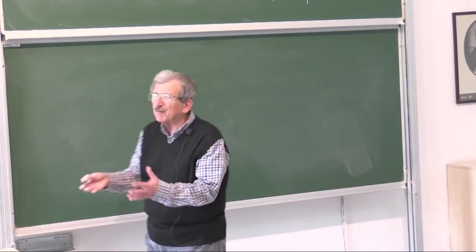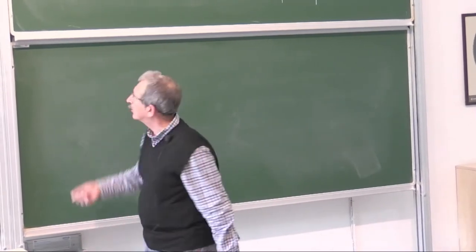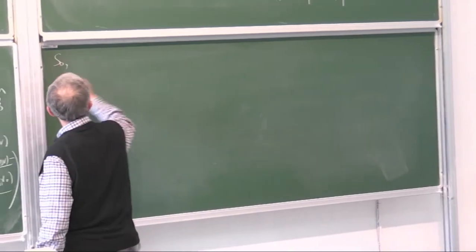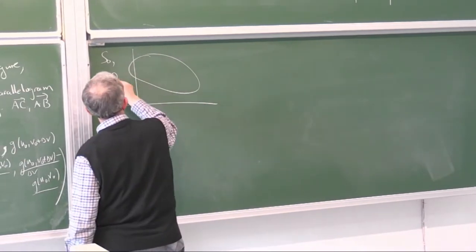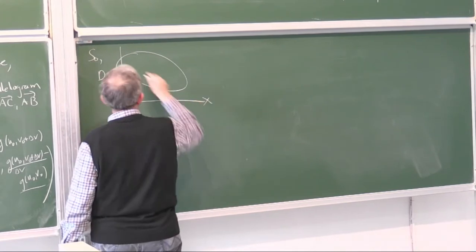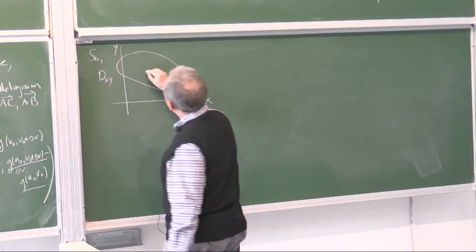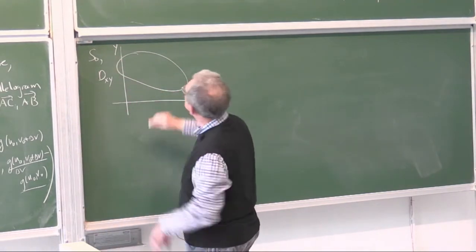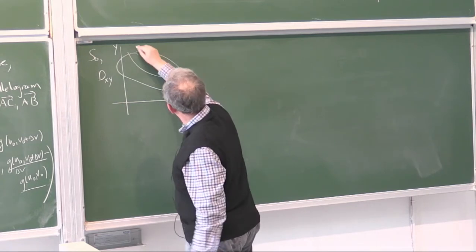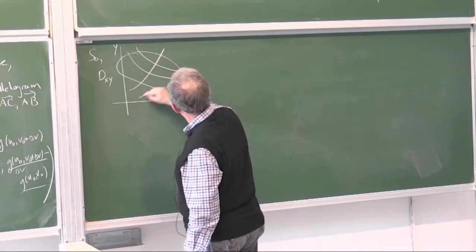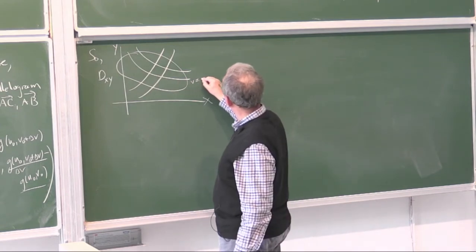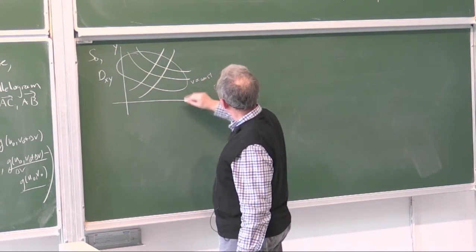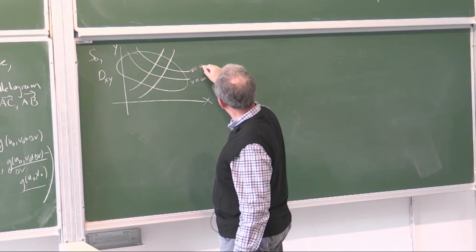Now, what does all this amount to? Well, it means the following. If we have here our D xy in the xy system, if I divide this into small pieces like this, where v is constant, etc., and v is v0 plus delta v.